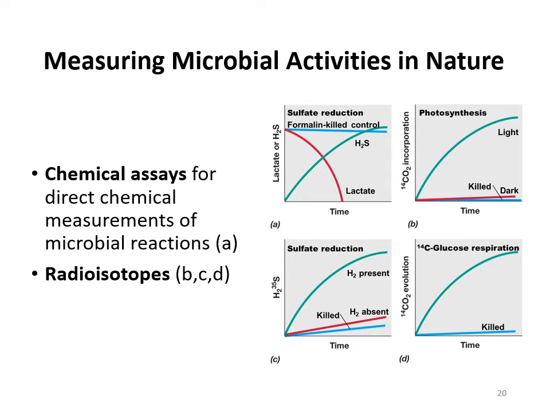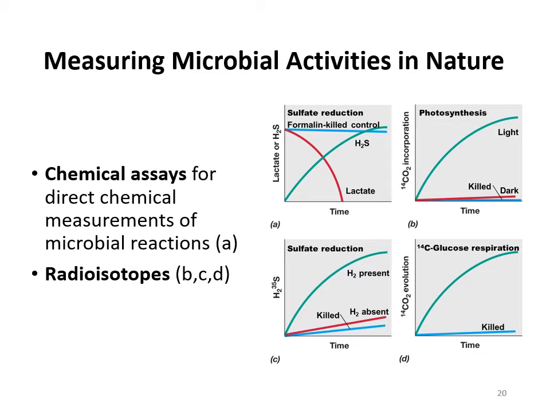Now here what we have are some chemical assays for measuring the microbial activities in nature. So in one case you can check for lactate or lactic acid and a reduced product of H2S. So it's like when you're looking for oxygen reduction, for instance.